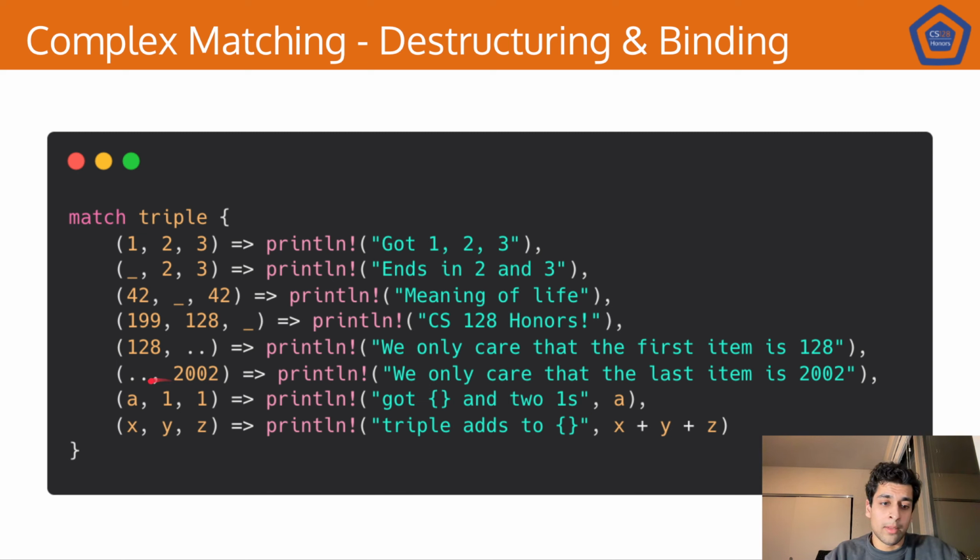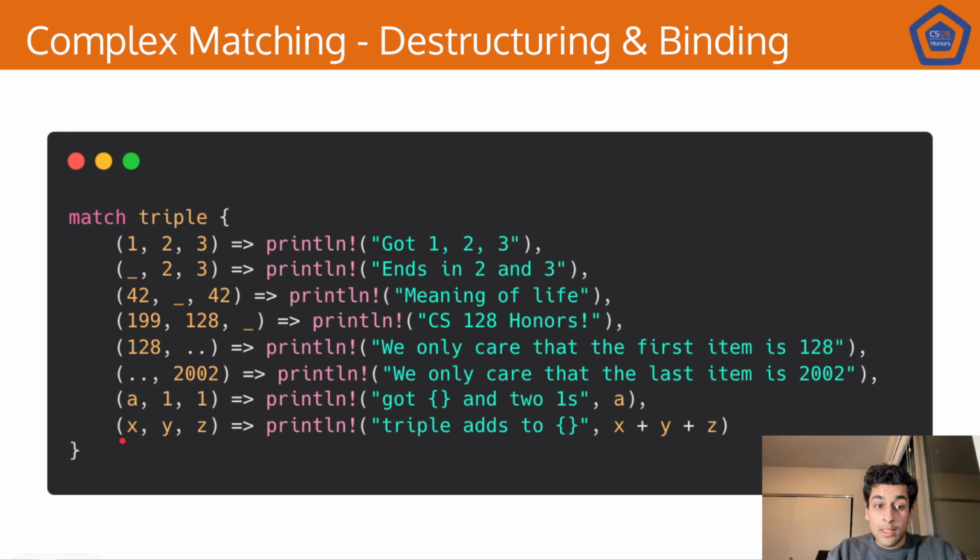And then we said that we can fill in a variable here and say that whatever value occurs in this spot of the tuple, we're going to put it into A. And so then we can use A on the right-hand side in our little code expression. And this statement will match only if we see a 1 and a 1 here. And then we also said that variables act like wildcards.